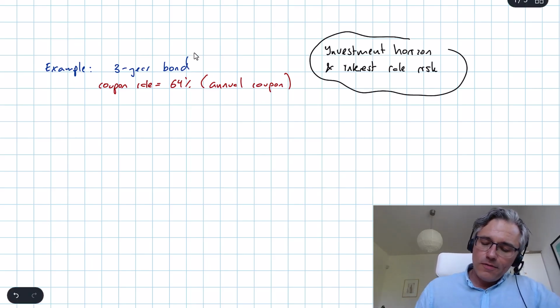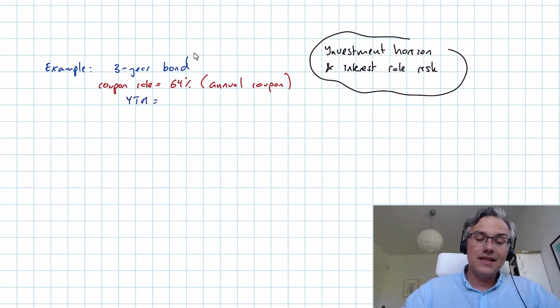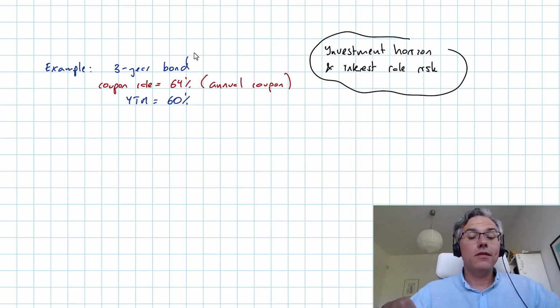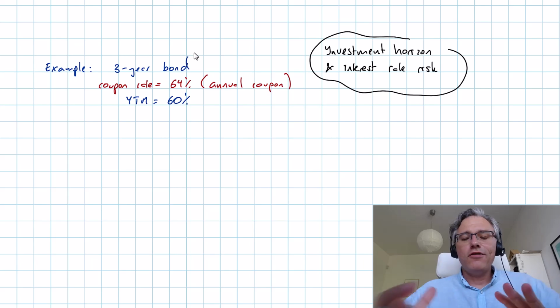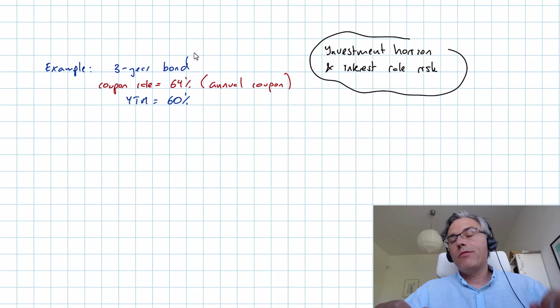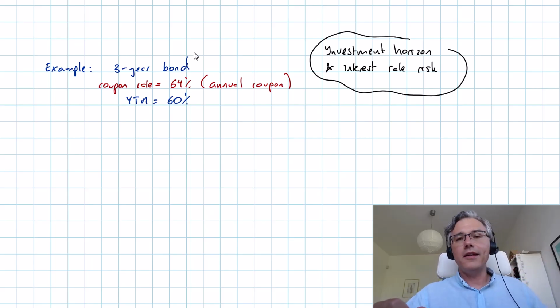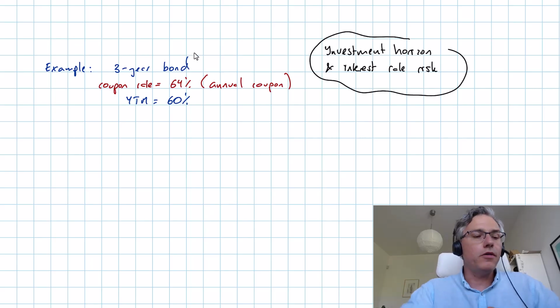And what is more, the yield to maturity on this bond is going to be 60%, so very close to the coupon rate, nevertheless slightly below. So from that relationship of the coupon rate and the YTM, the yield to maturity, you can probably already see and guess that we're going to have a bond which currently trades at a premium to its par value.